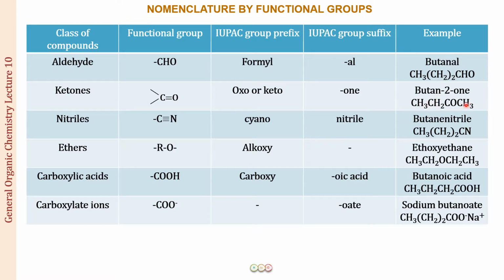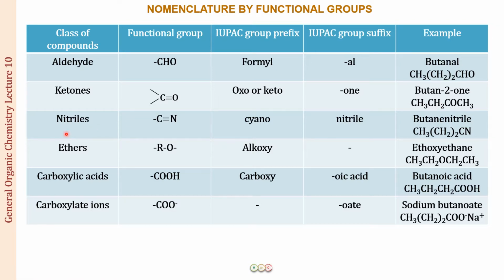So when we have an alkyl group on this side and an alkyl group on the other side of this carbon, which is bonded to oxygen by a double bond, we call this a ketone, and the name of this compound is butan-2-one. How we are going to name this, please do not worry at all. We will be learning about all this in detail.